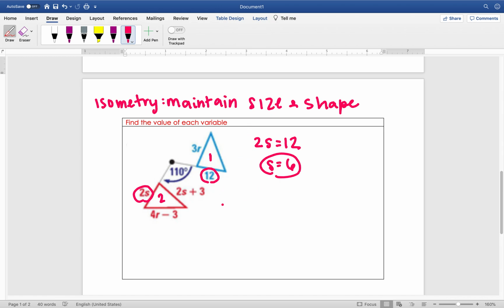I would substitute that in here. So I would say 2 times 6 plus 3. So this would give me 12 plus 3, which is 15. So then 15 is equal to, this side here would match up with this one here. So 15 is equal to 3r, and r is equal to 5. And there's that one.